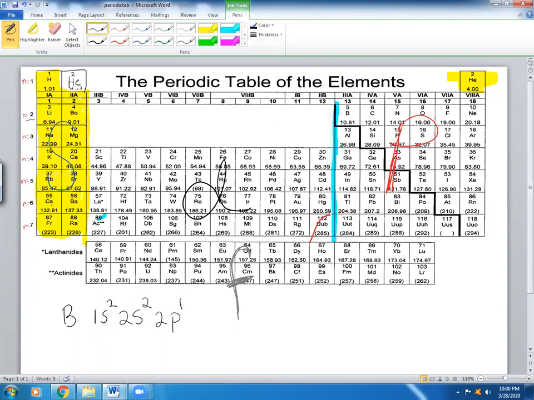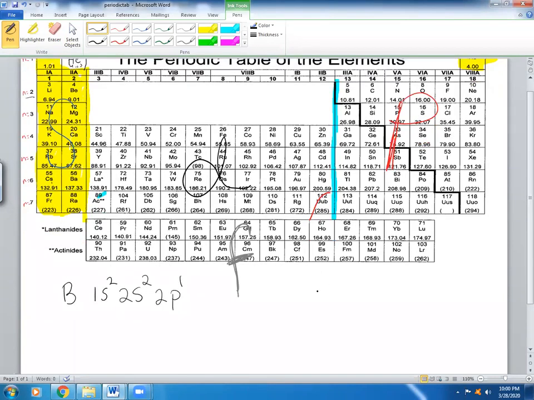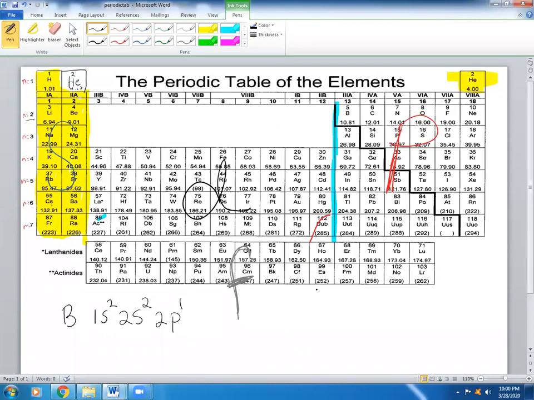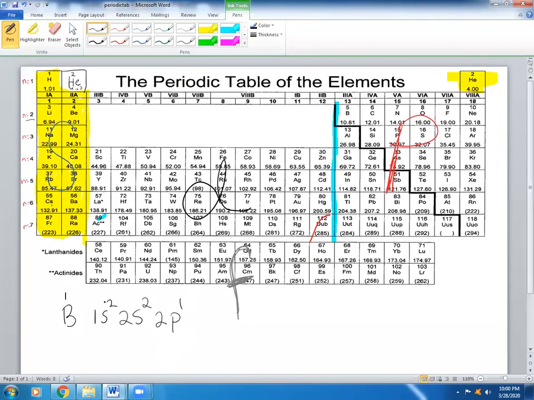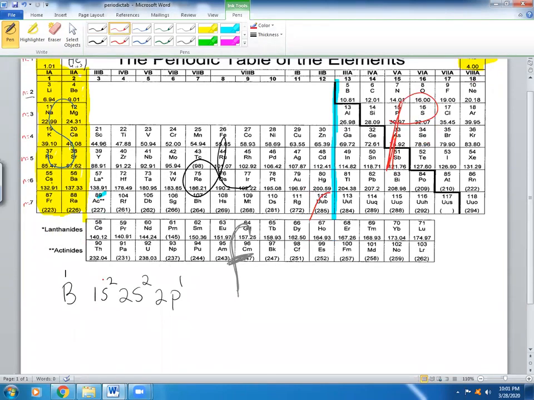This is also consistent with the energies of the orbitals here. So the s fills first, then the p. And that accounts for the 5 electrons. Here's 2 plus 2 plus 1 is 5. Which one is core? Which one is valence? Well, just look at the number. I have a 2, so 2 is bigger than 1. So both of these are valence.